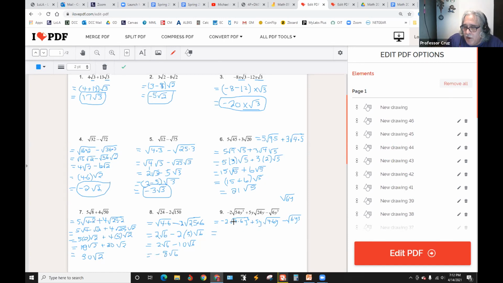So this is going to be a square root of 9, and one y is going to come out. Square root of 9 is 3, and one y is going to come out, and one's going to stay in there.